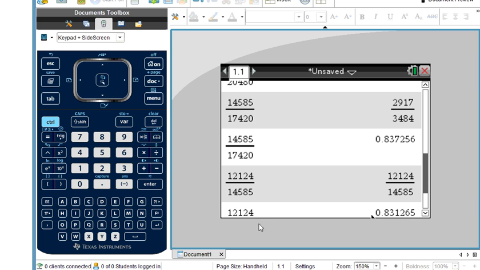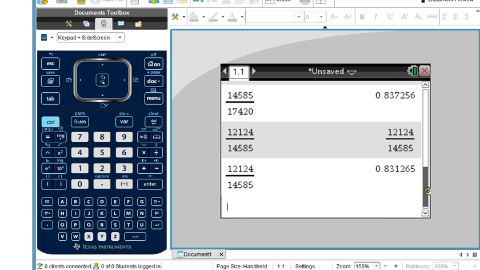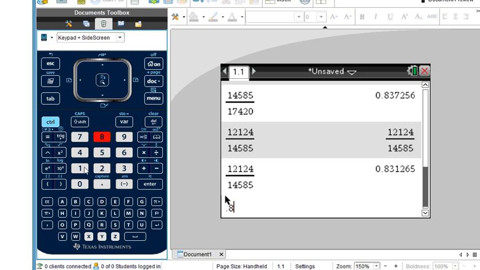Well, let's just do it because we can. So we're going to say 0.81 plus 0.85 plus 0.85 plus 0.84 plus 0.83.